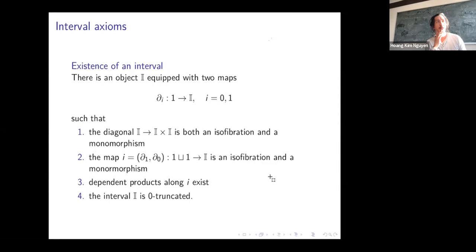Because to say that the pullback functor has a right adjoint is actually just saying that the map from 1 plus 1 to I is exponentiable, has an object of E over I. But actually, in the model of quasi-categories, the isofibrations over I, E over I, is actually Cartesian closed.